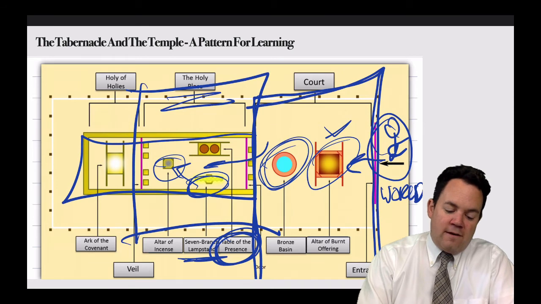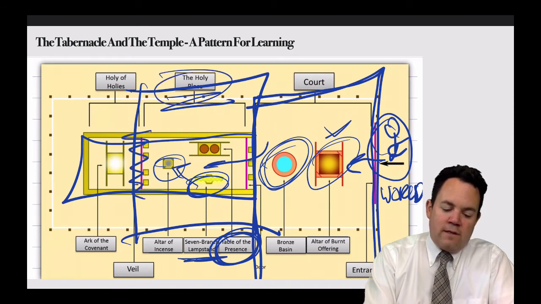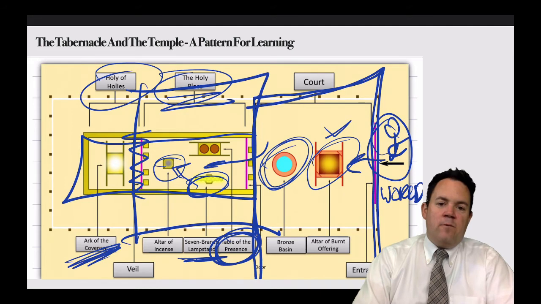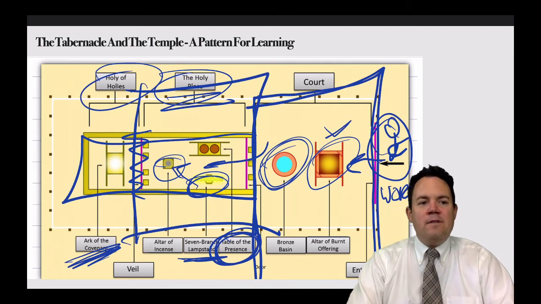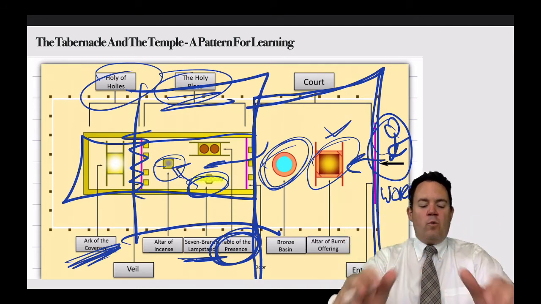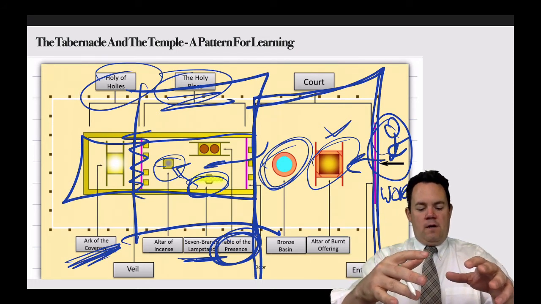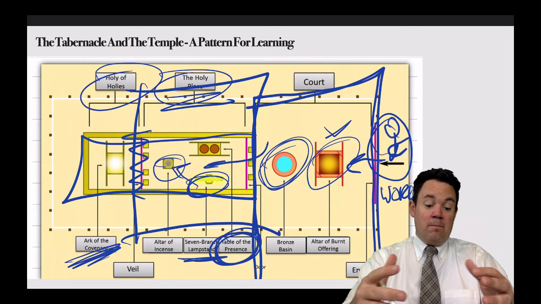But then you had the veil of the temple that separated the holy place from the Holy of Holies. And here in the Holy of Holies was the Ark of the Covenant. They were commanded to build the ark. It had 2 angels with their wings outstretched, and it would form what was referred to as the mercy seat.